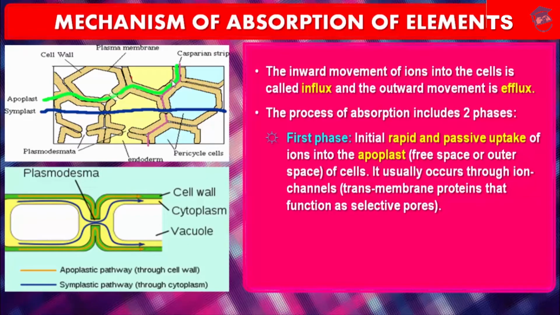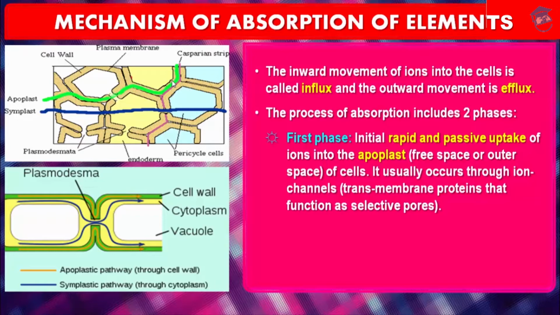It usually occurs through ion channels, students. It occurs through ion channels, that is, transmembrane proteins that function as selective pores. So the passive movement of ions into the apoplast usually occurs through ion channels.